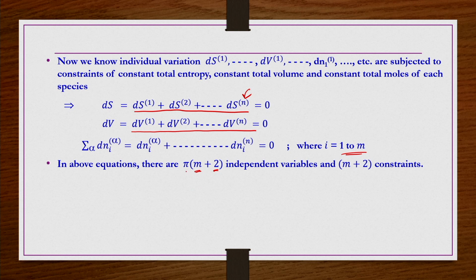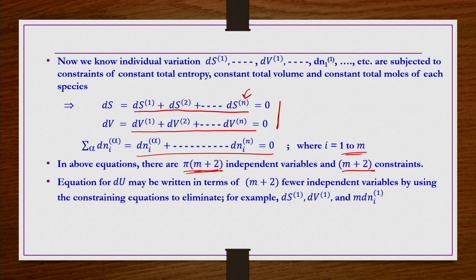So, m plus 2 multiplied by pi number of independent variables are there, and then how many constraints are there? M plus 2 constraints are there. Because for m number of components, m constraints are there, like this; I have written this only for one component, but for m components m are there, and then 2 constraints are there for S and V. So, that is m plus 2 constraints.